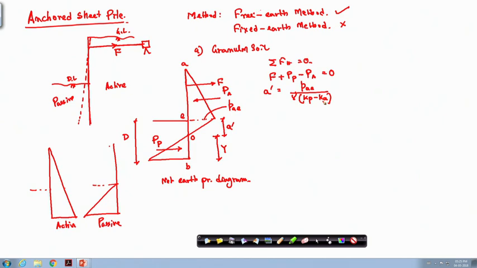Then next one, I will take the moment at rod level. Okay. So, I will take a moment with this point. Okay. At rod level it is 0.